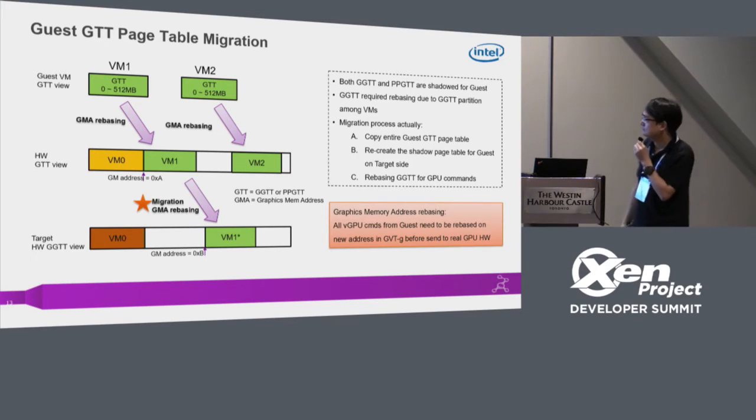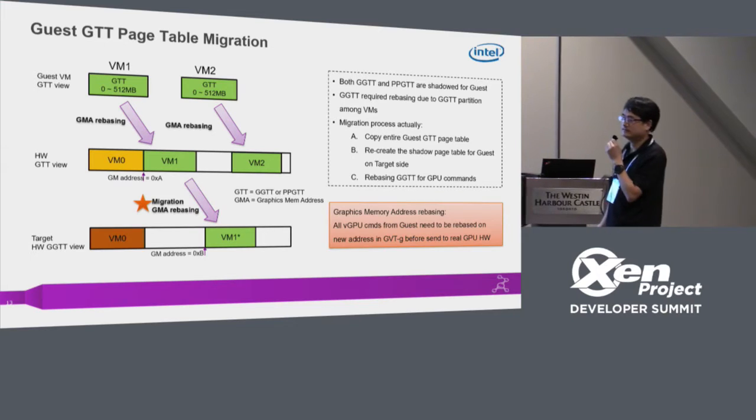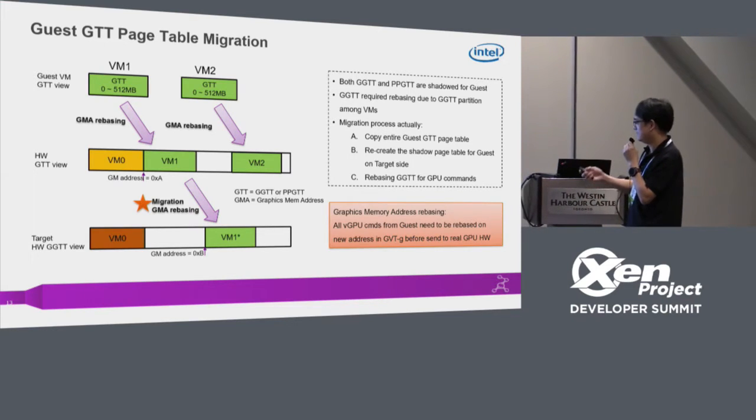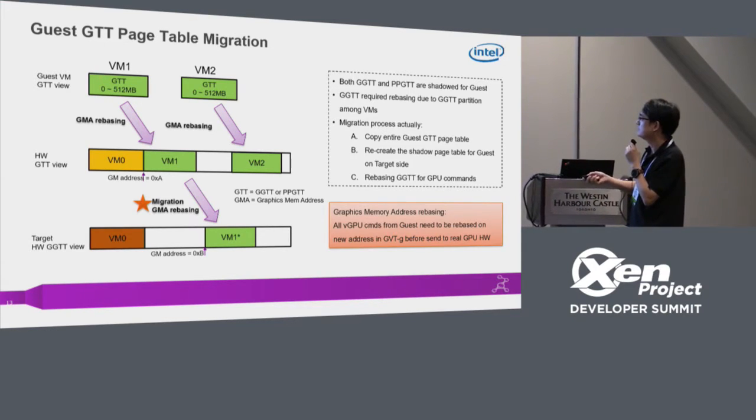I just have a quick question to help me understand the GTT view. The GTT view is basically just a flat VA space for the GPU, is that the right understanding?